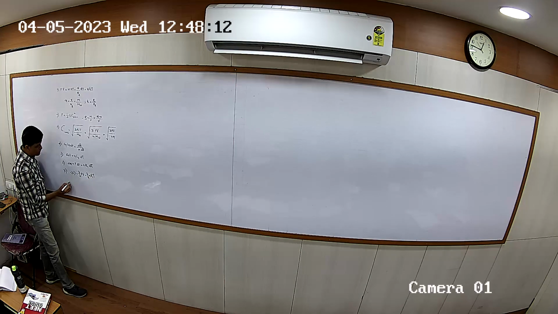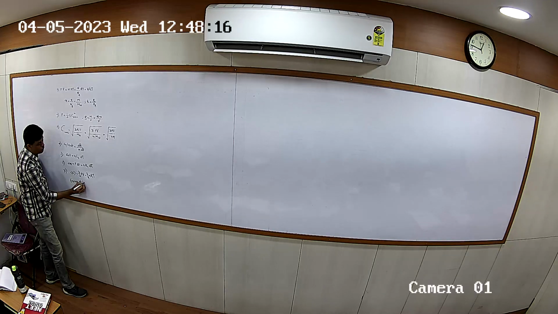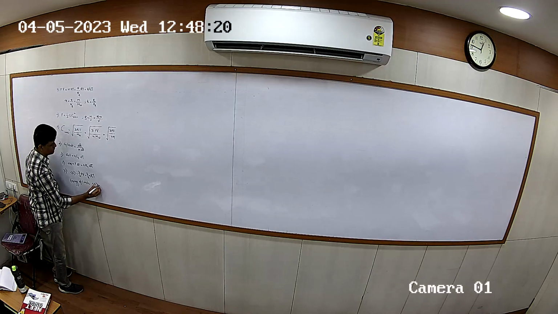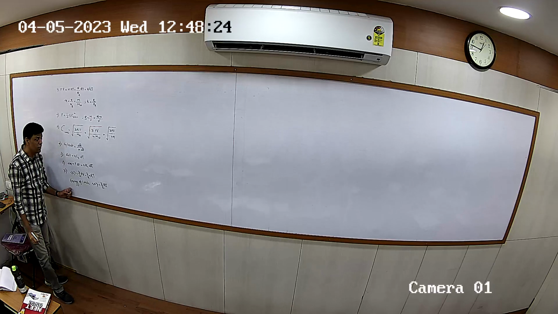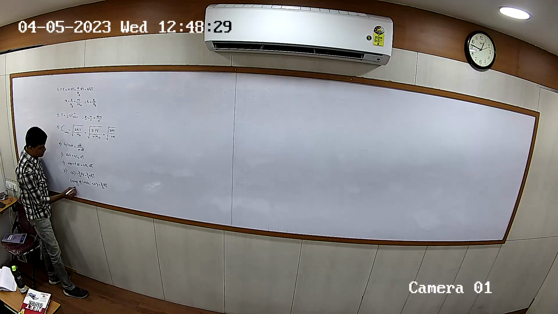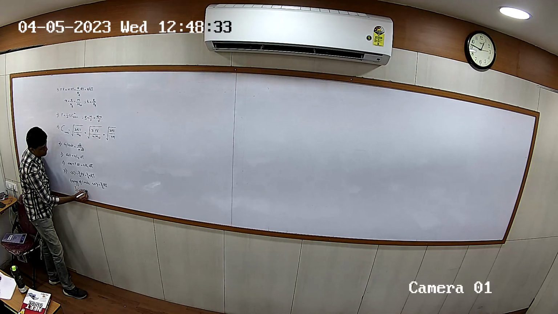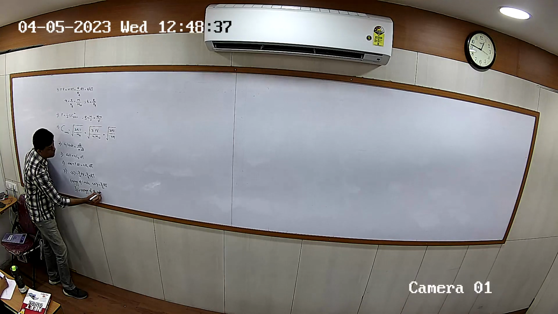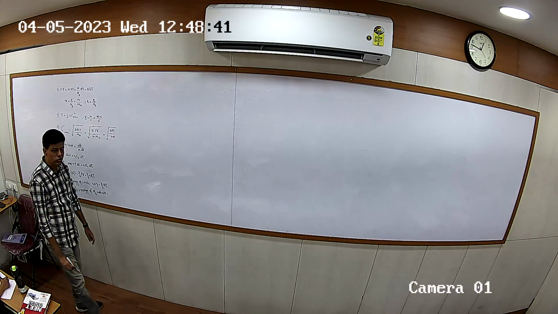So energy of a single mole is 3 by 2 RT. This is energy of 1 mole that contains N_A molecules. So it is energy of N_A molecules. So energy of a single molecule.